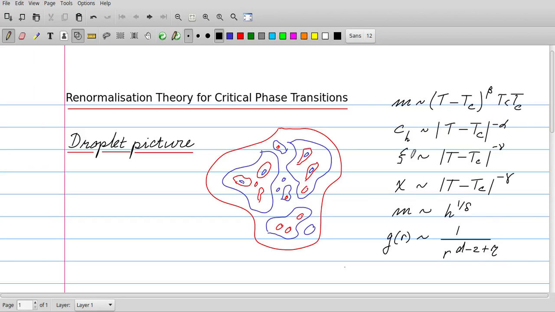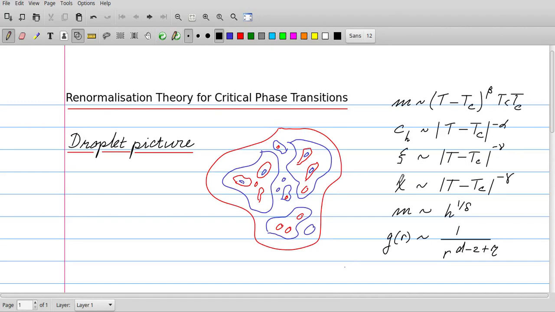Also important is this guy, that's the correlation length, and we see that the correlation length also diverges with the critical exponent nu. Then we have the magnetization, which vanishes when we approach Tc from below with some exponent beta.